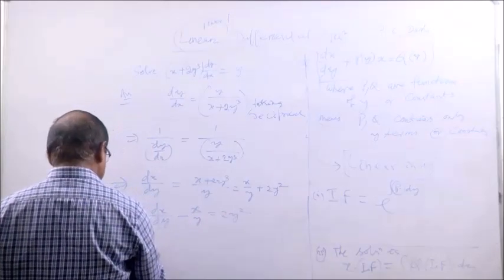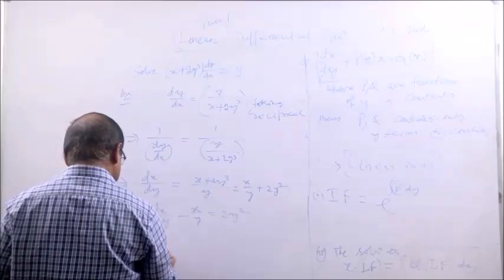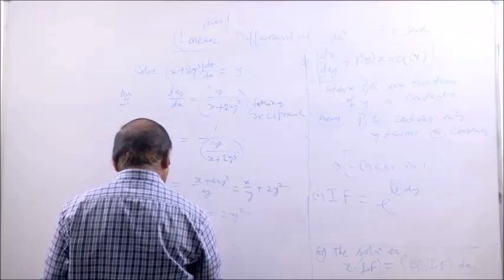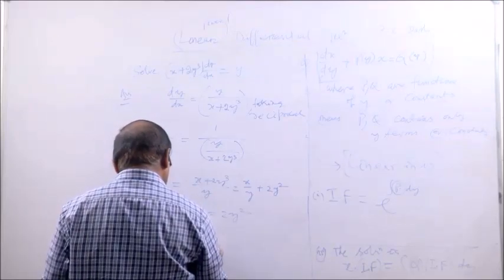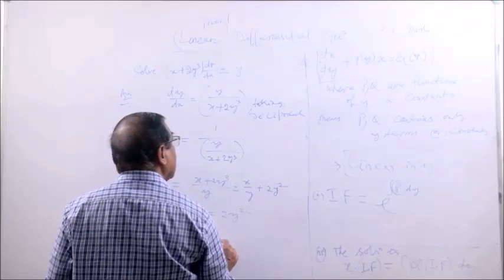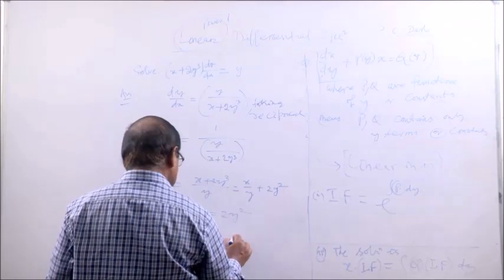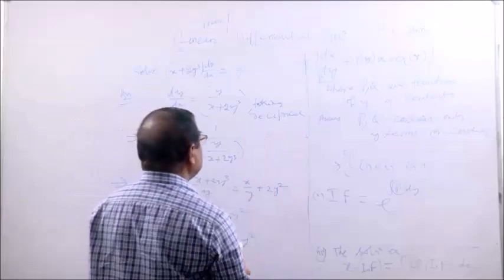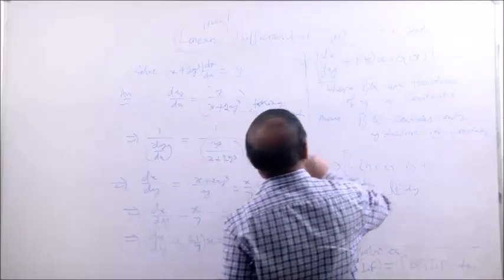You see, that implies dx by dy plus (minus 1 by y) x is equal to 2y square. Please compare this question with the second type category.